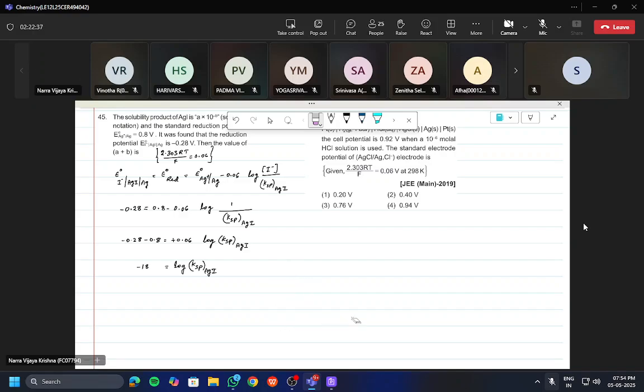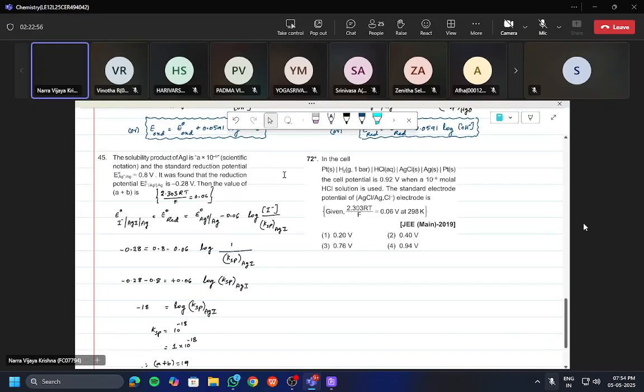Right? Then I will get Ksp equal to 10 power minus 18, which can be written as 1 into 10 power minus 18. Therefore, A plus B becomes equal to 19. Understood? Clear? Right? They need to mention this.